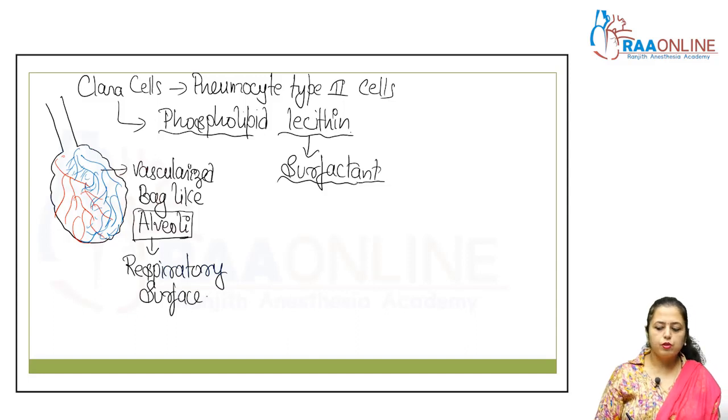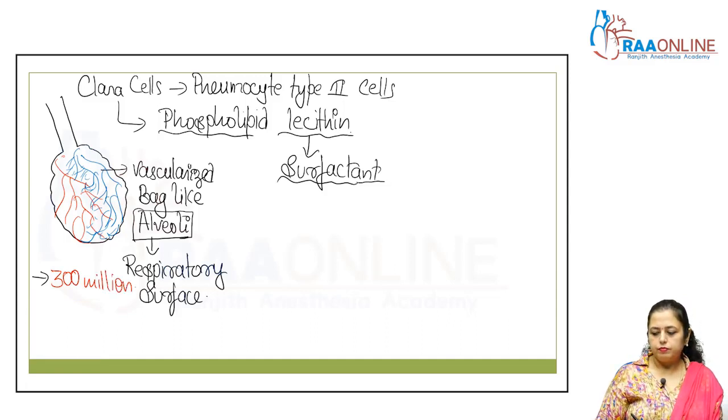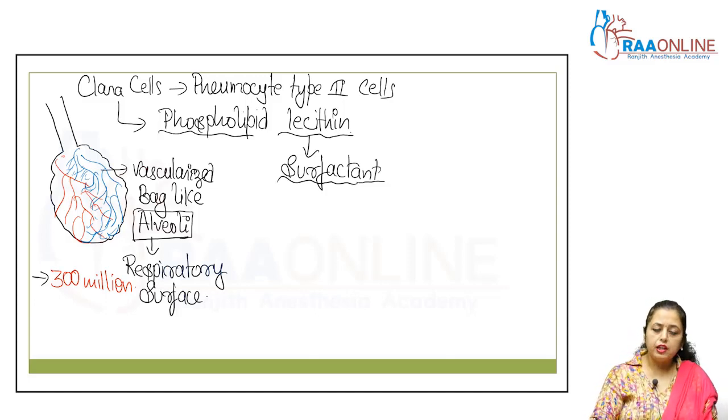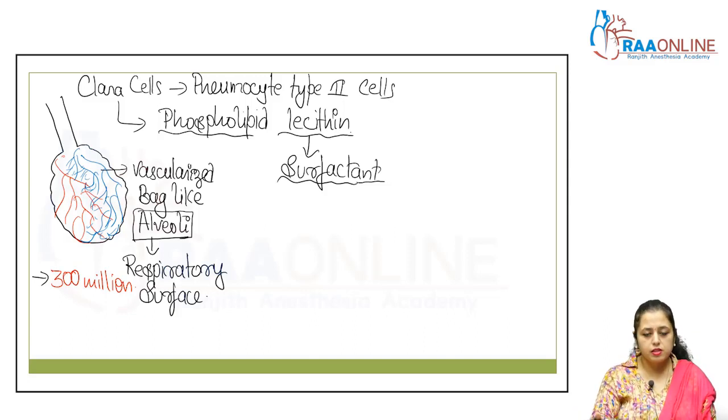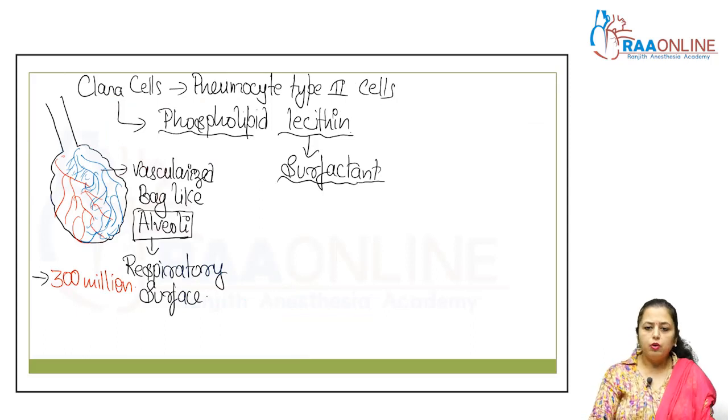The total number of alveoli in both the lungs is about 300 million, right. Clear? So these are the internal structures of the respiratory system, which is necessary to understand the processes, right. Clear?